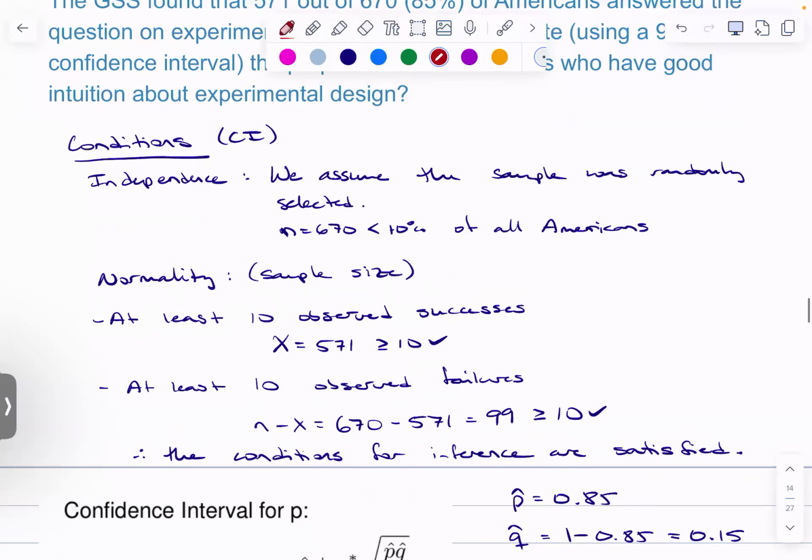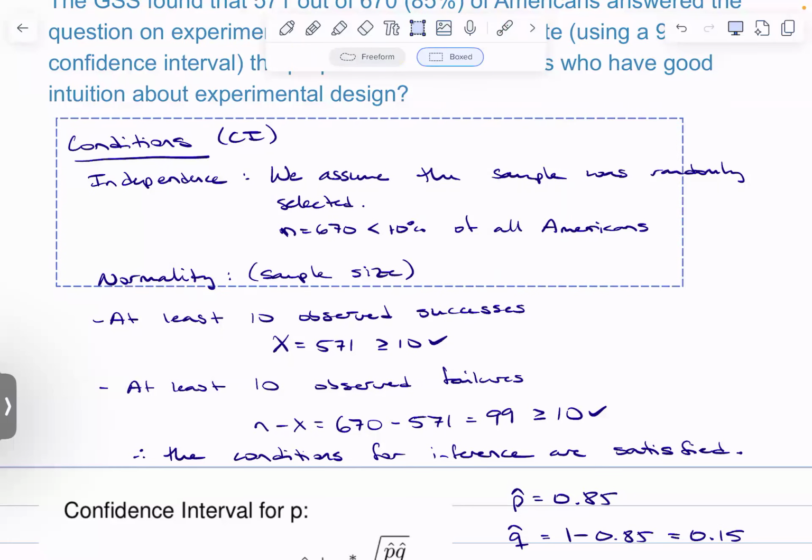Two, depending on how you want to break it down, because you have to check for independence and you have to check normality. In independence, you have to make sure it was randomly sampled or assume it was. If it doesn't say, do we always assume that it was random? Yeah, totally. And then the normality condition has 2 parts, right? The successes and the failures.